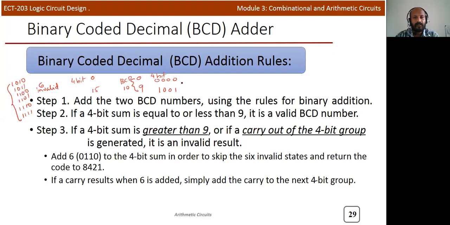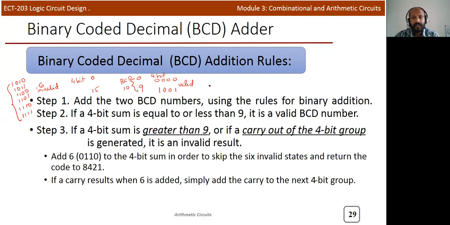Only 0 to 9 is a valid BCD number, so a decimal number can be represented directly using a 4-bit binary. In this lecture, we will discuss how we can perform BCD addition using a hardware circuit, or implement some logic circuit for it.